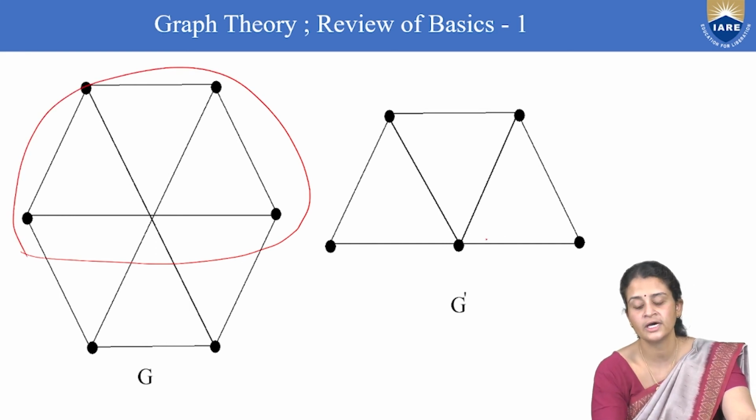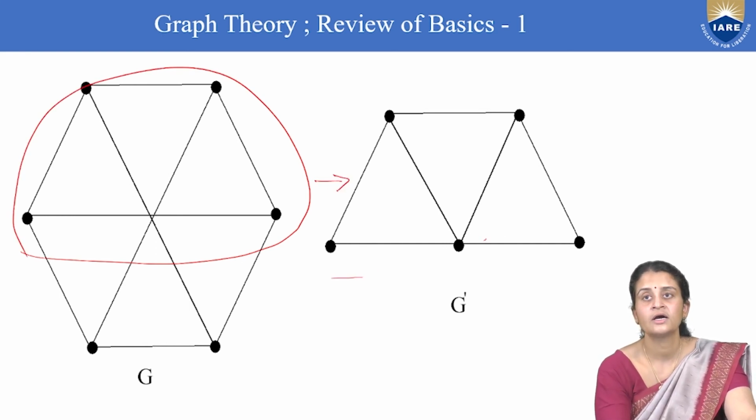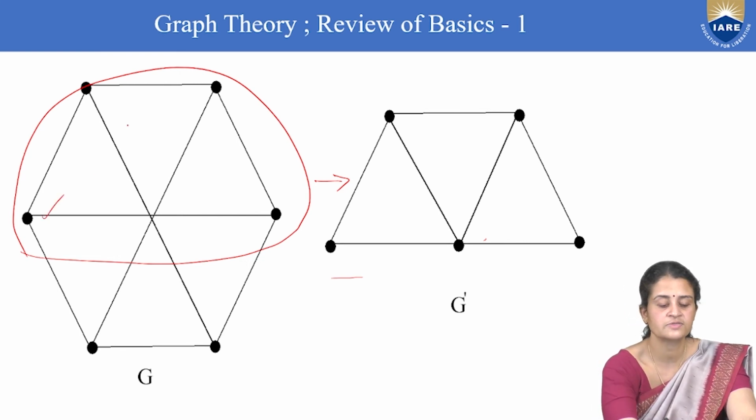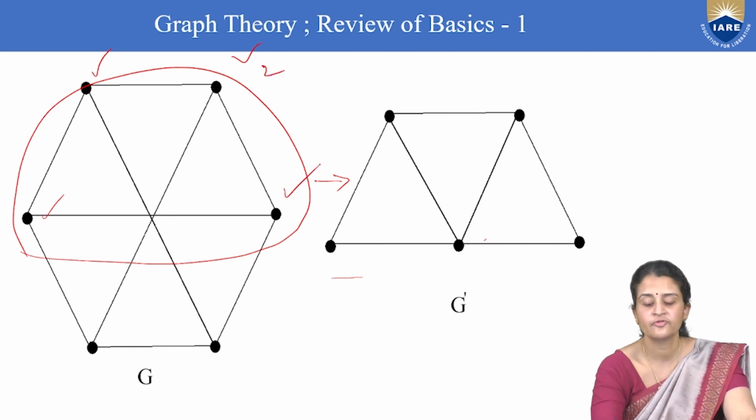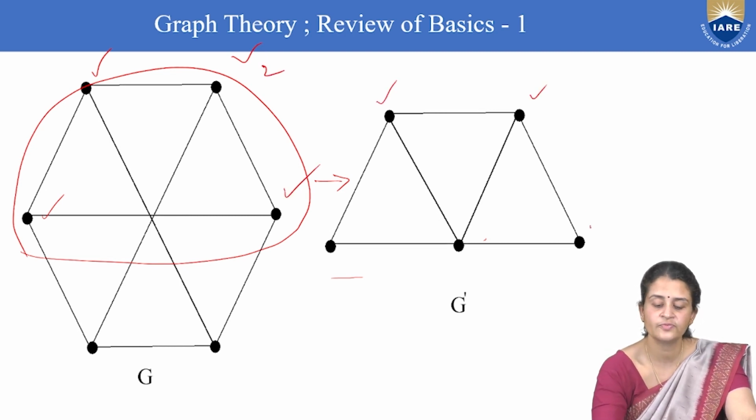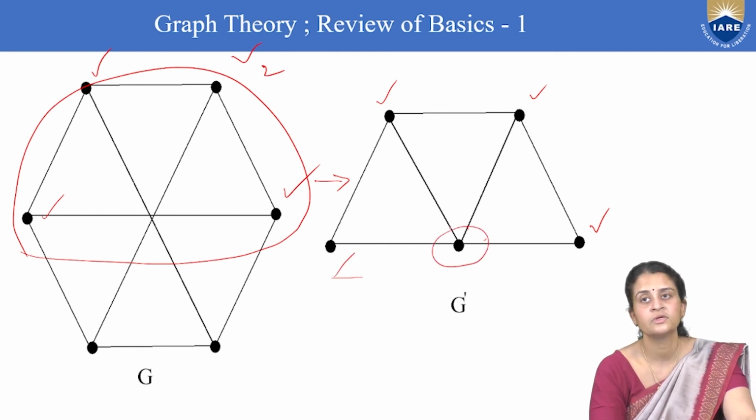Is it so? No, because we are considering only these vertices V1, V2, V3 and V4. If we are considering only these vertices V1, V2, V3 and V4, then okay. But here we have put another point. This is not a subgraph of the given graph, since we have taken only these 4 vertices.